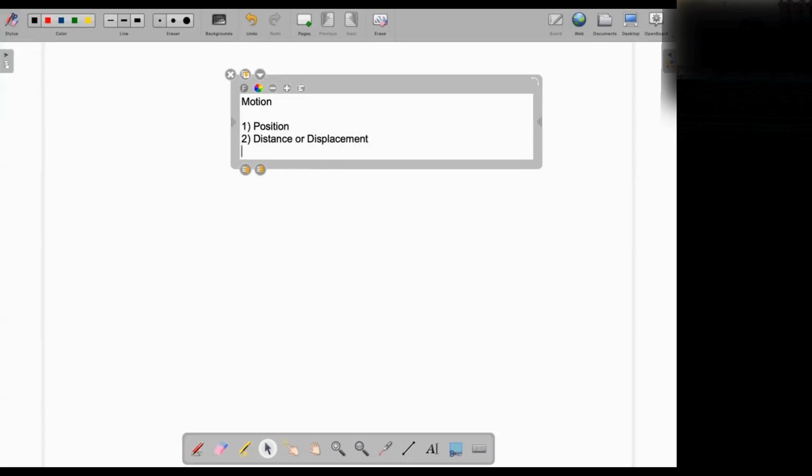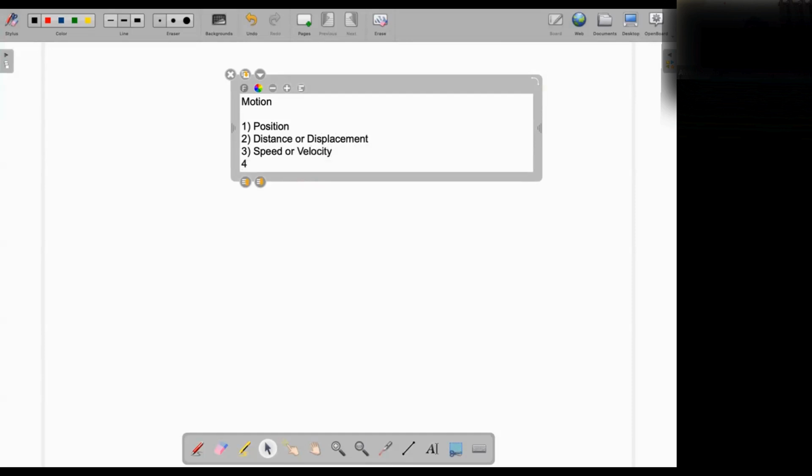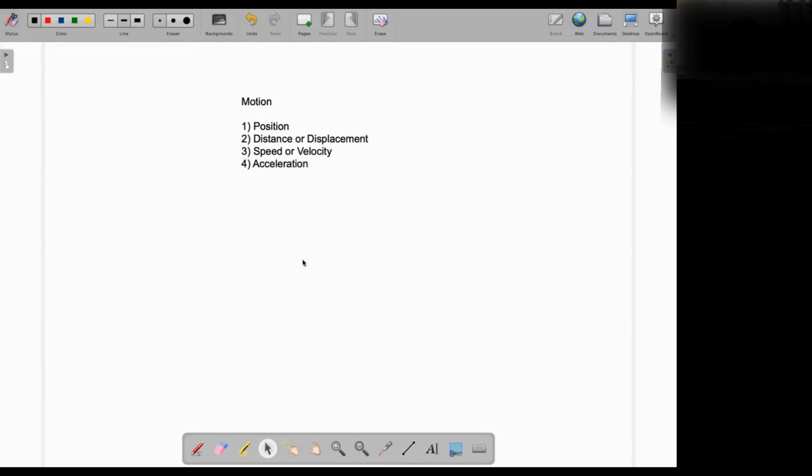Then you have to know the speed, or the velocity. Then you have to know the acceleration. So our study is going to be about this for describing the motion.